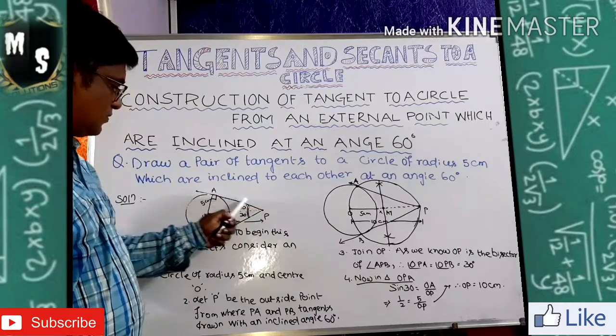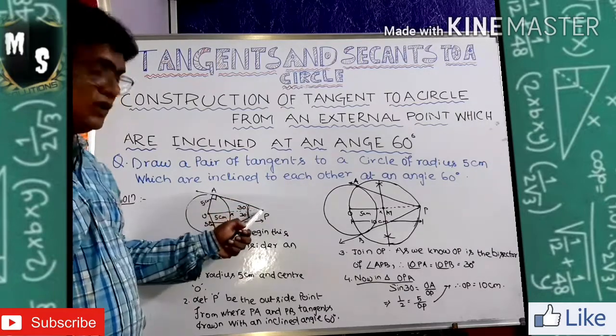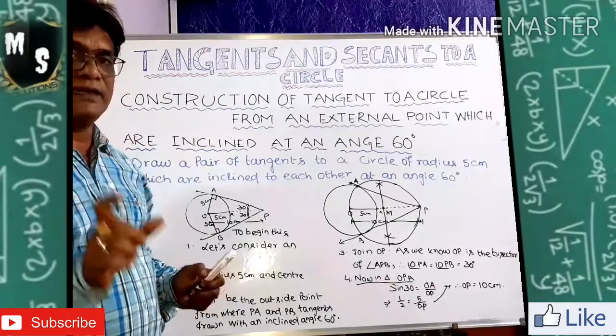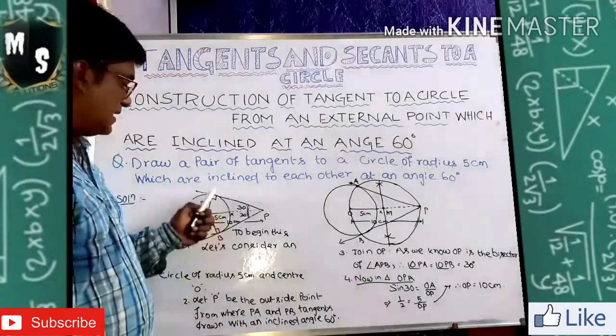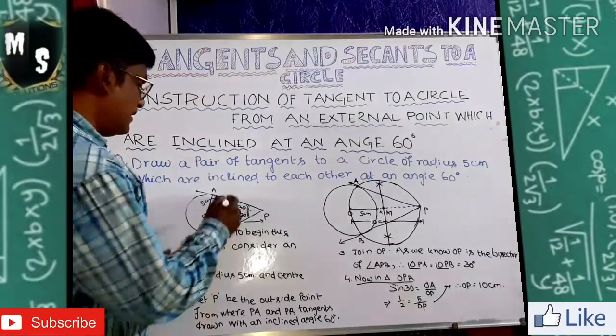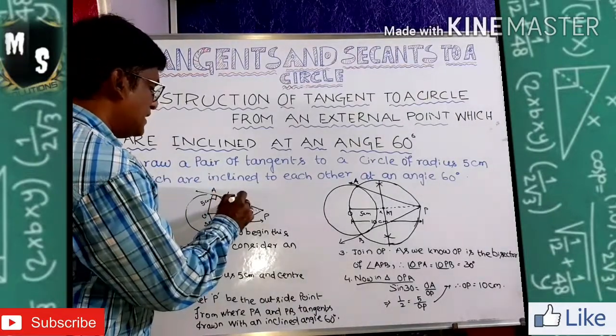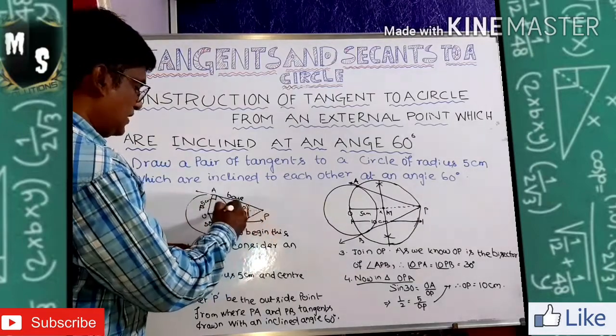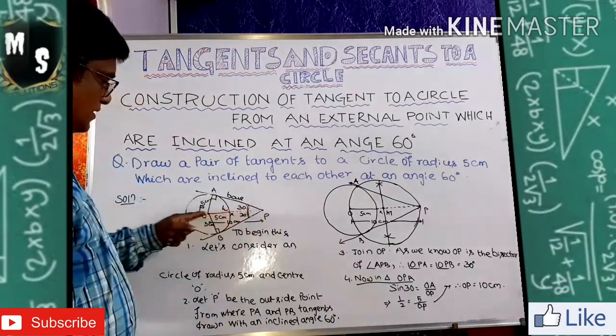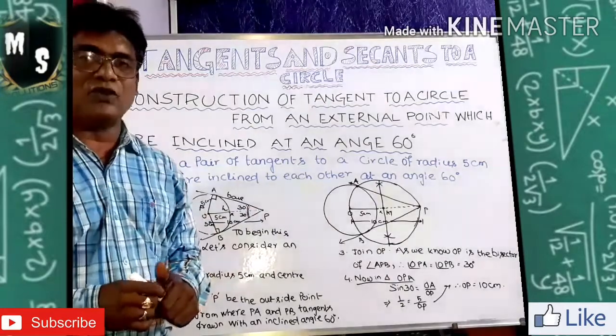So A to P is called the base of the triangle, and A to O is called the perpendicular. So it is a right angle triangle where the base is this one. I am writing here base, and this is your perpendicular P, and this whole distance is your H, meaning hypotenuse. Understood now? I hope you understood. So how to do this?